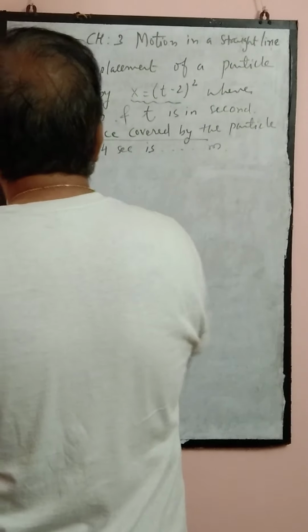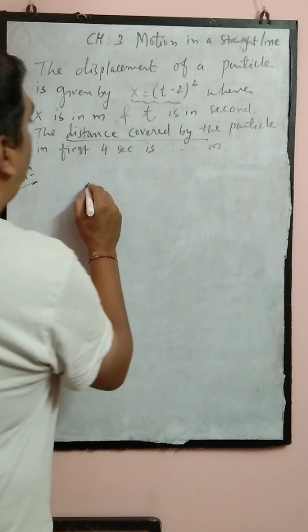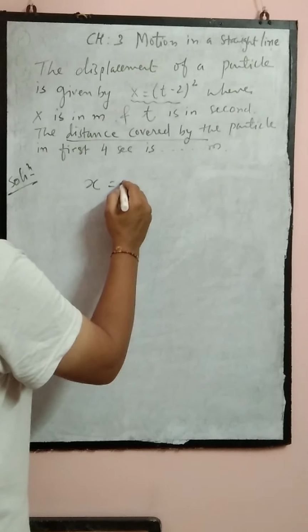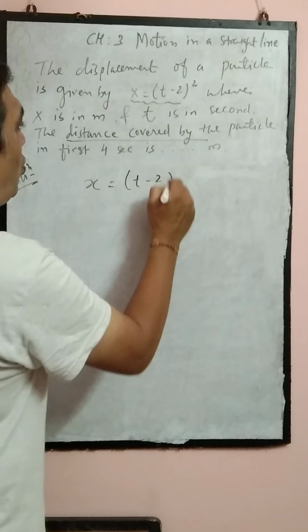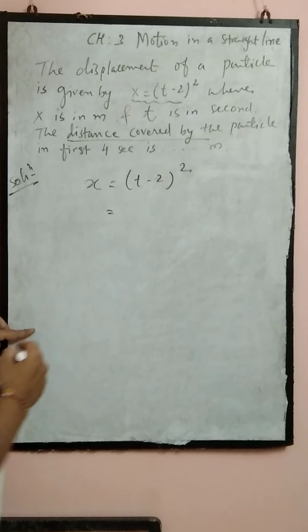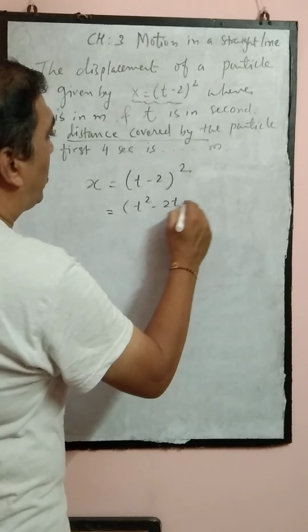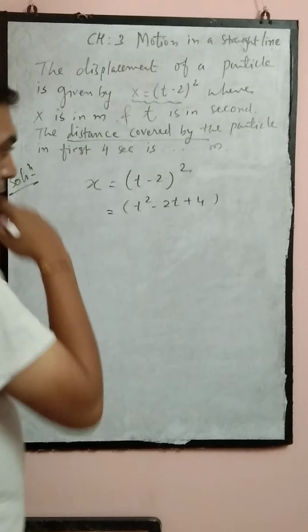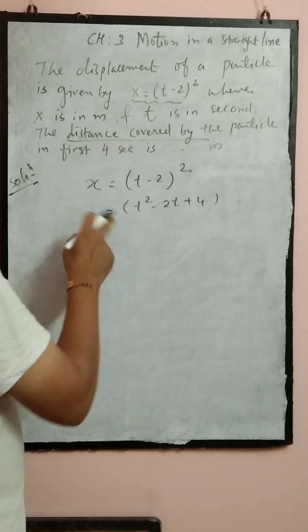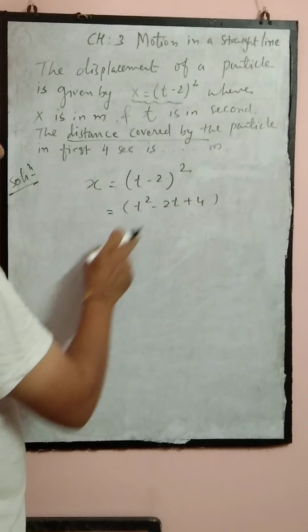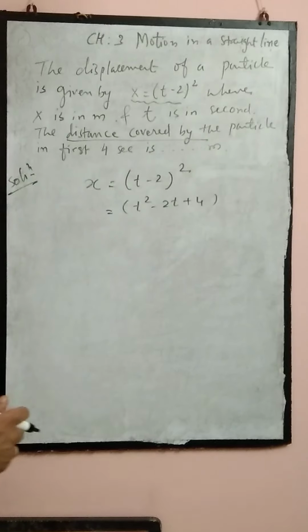First of all, we have the equation x is equal to (t minus 2) whole square. If I simplify this, it can be written as t square minus 4t plus 4. When you solve this (t minus 2) whole square, you get t square minus 4t plus 4.